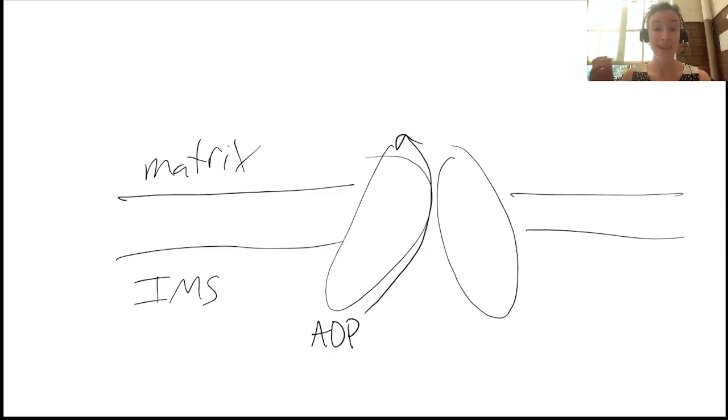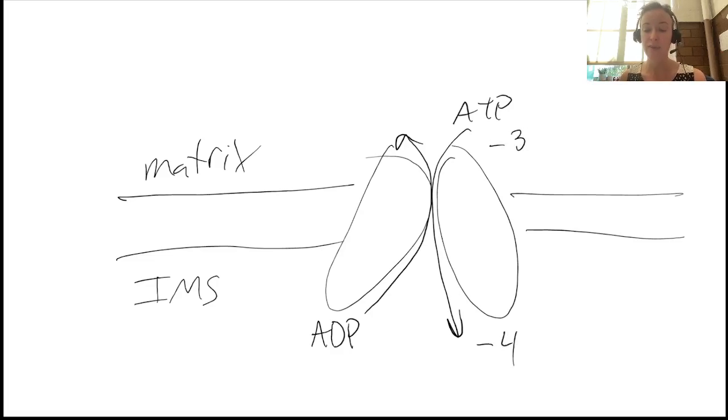ADP going in. ATP, when it is synthesized, needs to be sent out to be used by whatever pathways need to use it. That leaves us with a charge outside of -4 and a charge inside of -3.